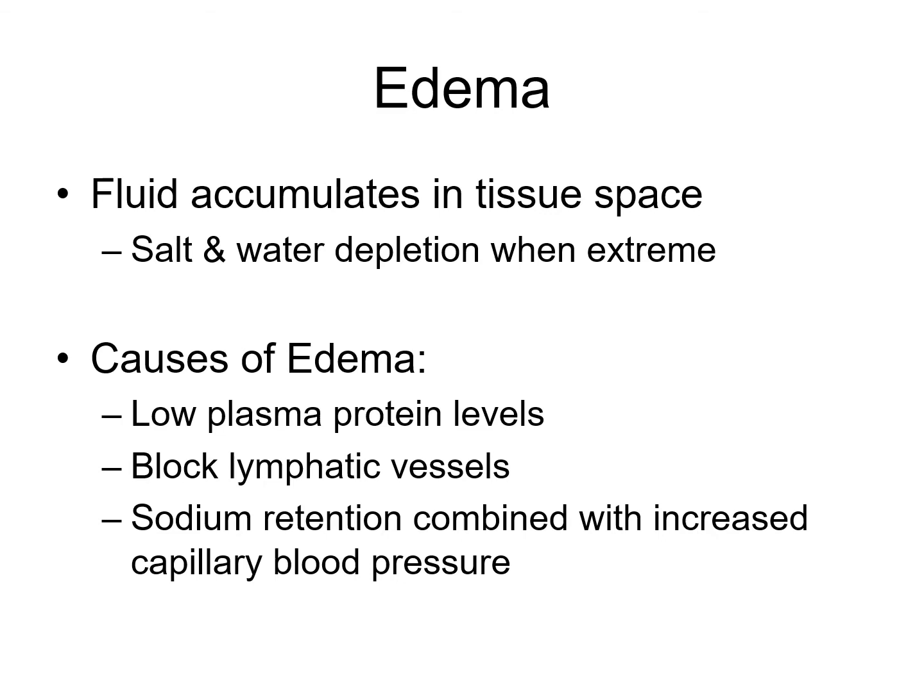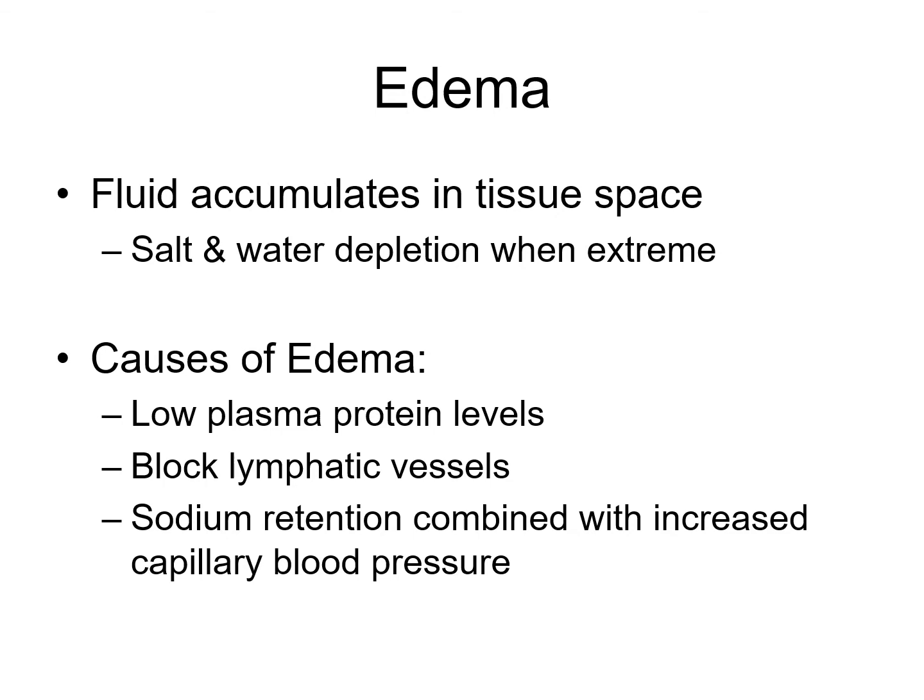Another condition that results from fluid imbalance is called edema. So this happens when the liquid or fluid accumulates in the tissue space. When we say tissue space, that could be between the skin and the underlying muscles, so subcutaneous tissue.